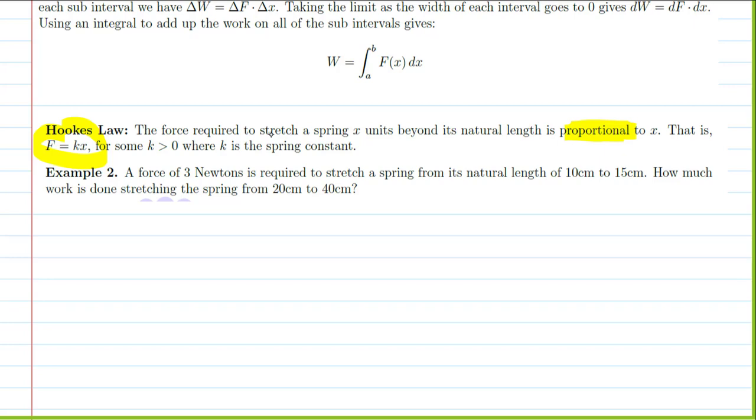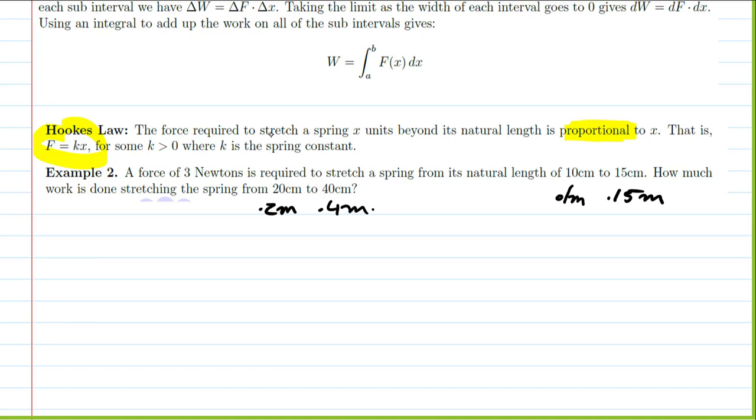Centimeters. What do they need to be given in? Meters. So let's do some conversions. 10 centimeters is 0.1 meters. 15 centimeters is 0.15 meters. 20 centimeters is 0.2 meters. And 40 centimeters is 0.4 meters.